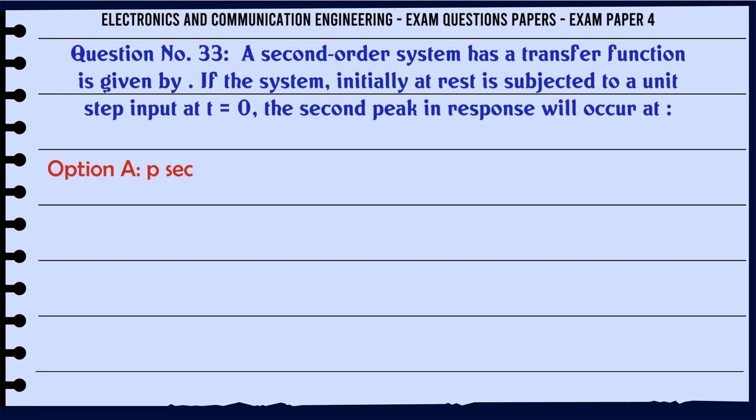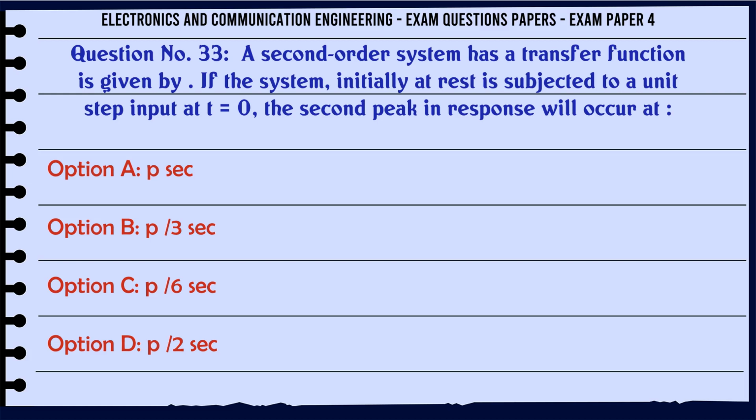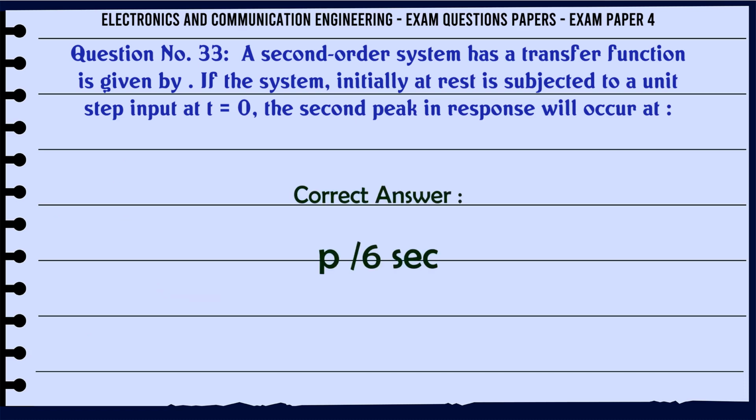A second-order system has a transfer function as given. If the system, initially at rest, is subjected to a unit step input at t = 0, the second peak in response will occur at: A. π sec, B. π/3 sec, C. π/6 sec, D. π/2 sec. The correct answer is π/6 sec.